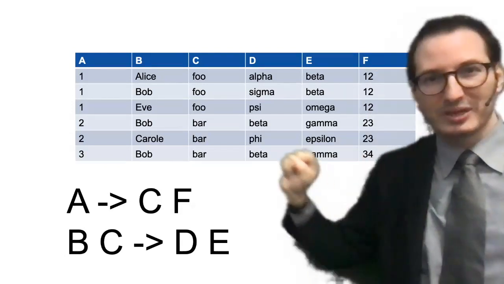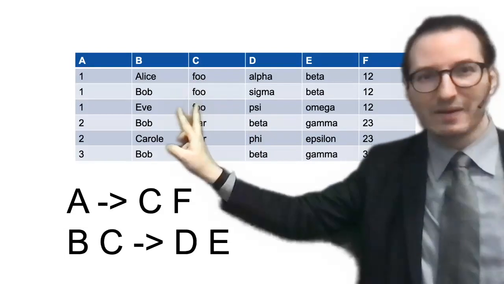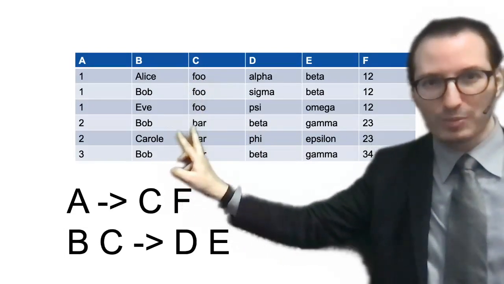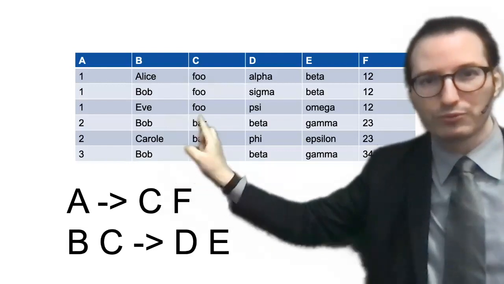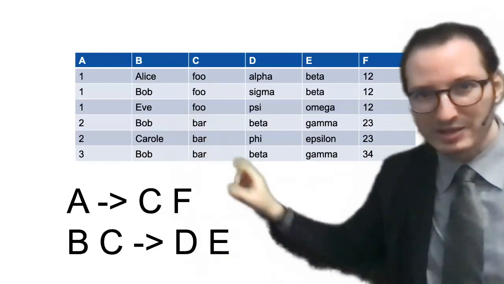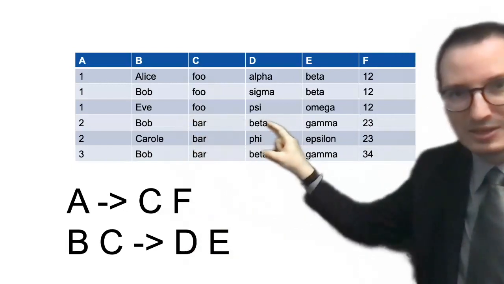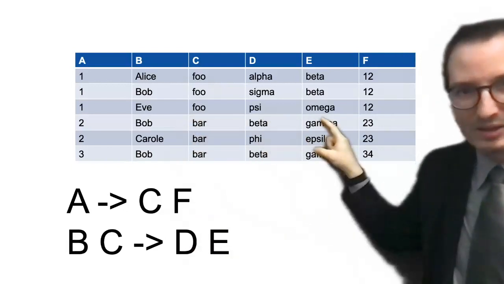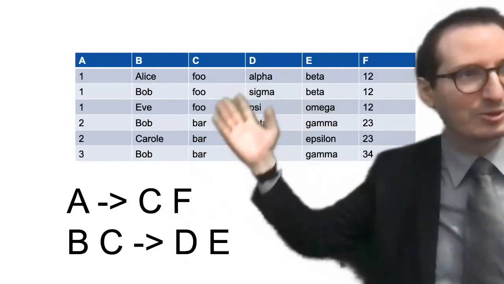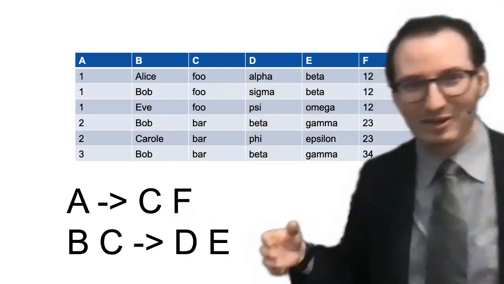And now let's go for B and C. Let's look for twice the same. I think on purpose, I had it here. Bob and Bar here. Bob, Bar, it's the same. Now let's look at D and E for these two tuples. D is the same and E is the same, right? I think it's the only place. I could have made a table with 100 lines, but that would have been more complicated.